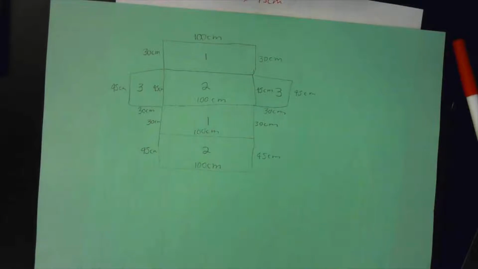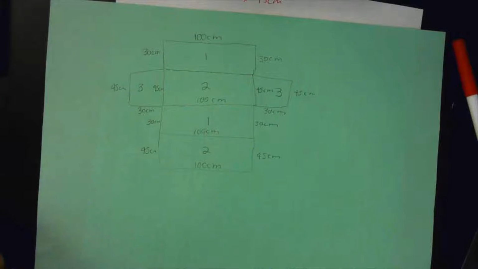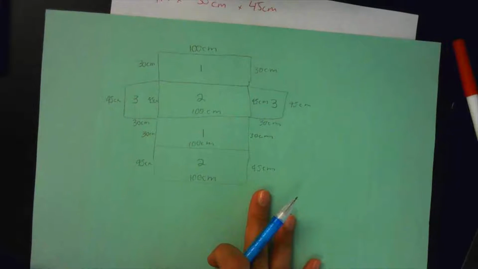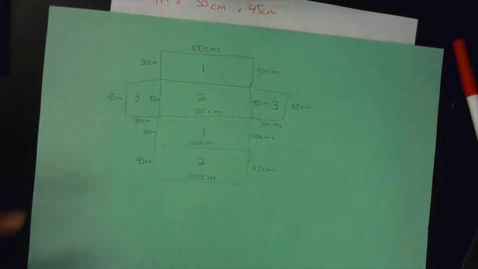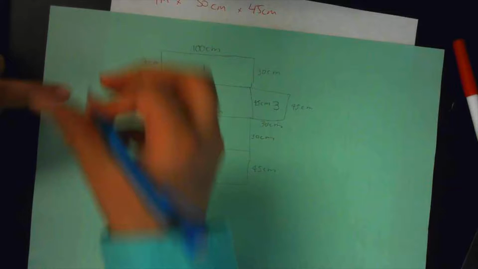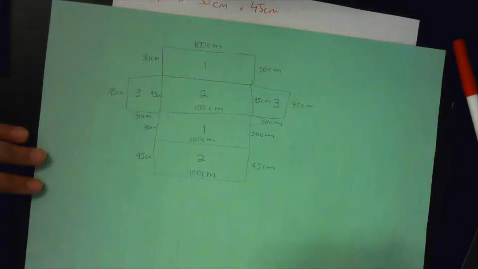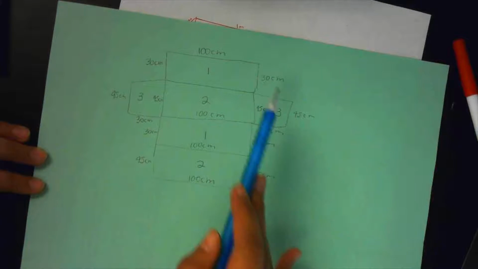So we drew a net, and how we did it was we had the measurements that were a meter, 30 centimeters, and 45 centimeters. So we put that onto the net, and then we decided that this would be 30 centimeters. So if this is 30 centimeters, it would be the same.